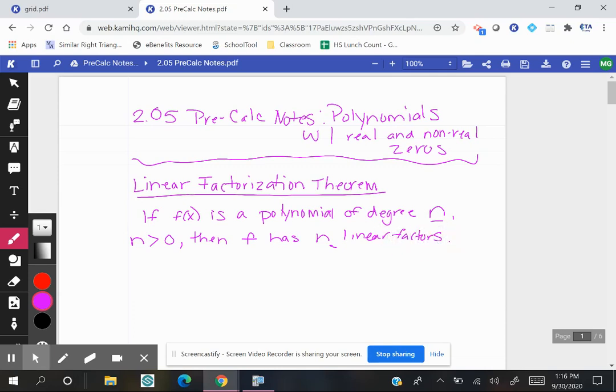Kind of like it means that you have n number of roots. So you'd have n number of roots and n number of linear factors.